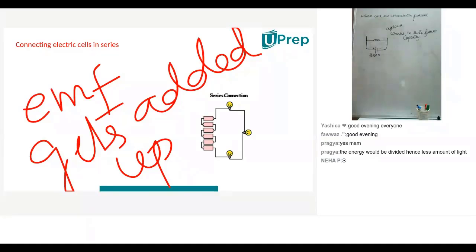Is that understood? One appliance is not getting interfered with by the other appliance. Everything seems to get connected separately and individually with the power supply. This means that this is actually a potential difference.